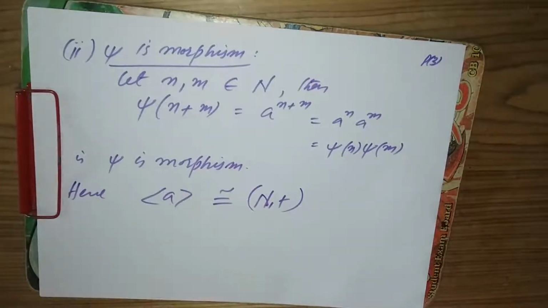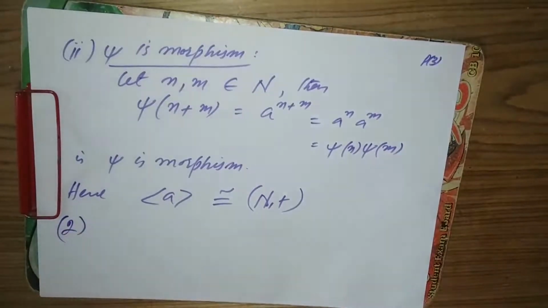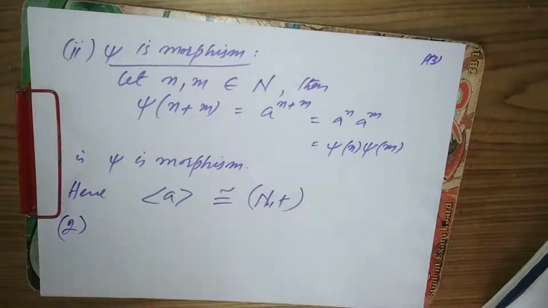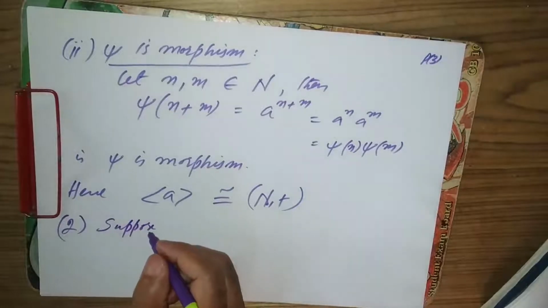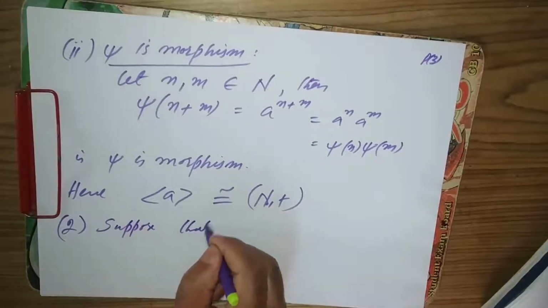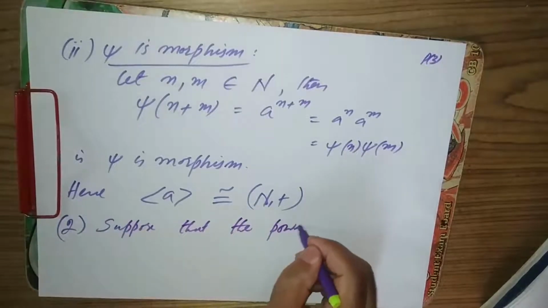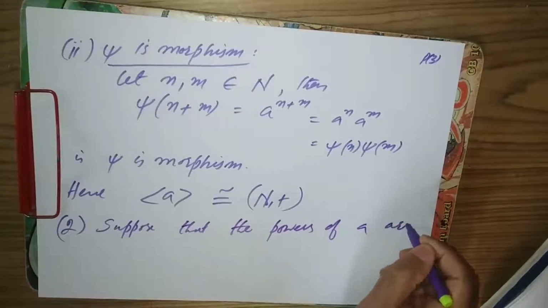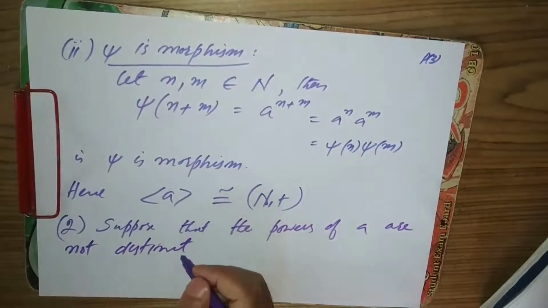Now we discuss the second case. Suppose there is repetition. Suppose now that the powers of a are not all distinct.